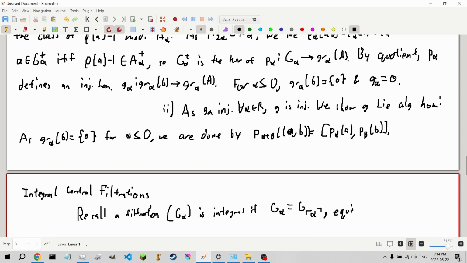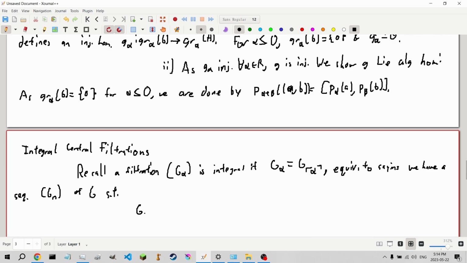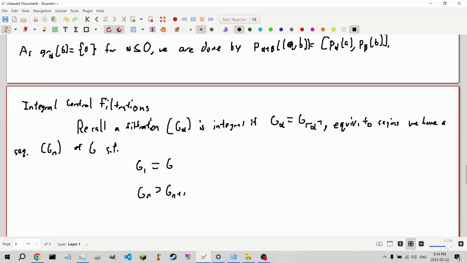Which is equivalent to saying we have a sequence of subgroups, say Gn of G, over integers n, where G1 is G, each Gn+1 lies within Gn, we've seen this before, and the commutator of Gm and Gn lies within G m plus n.